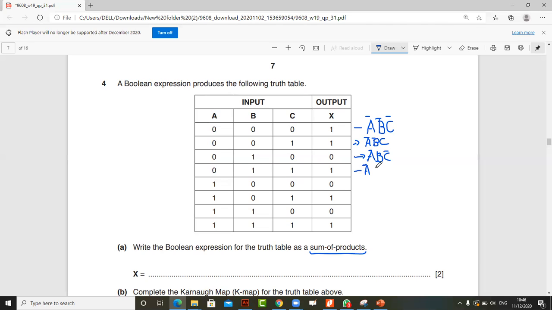So this becomes A inverse and this becomes B, C. Agree? And this becomes A B C and both inverse. This becomes A, B, C and in this you have inverse.